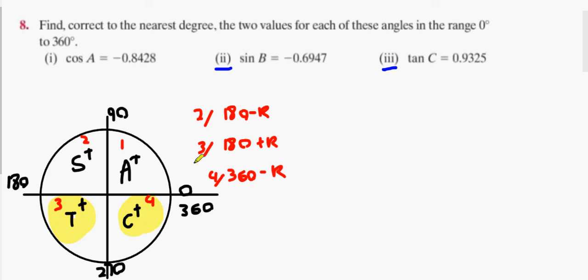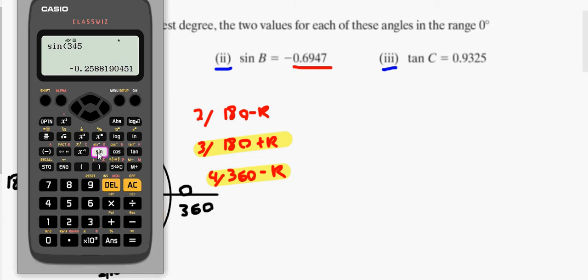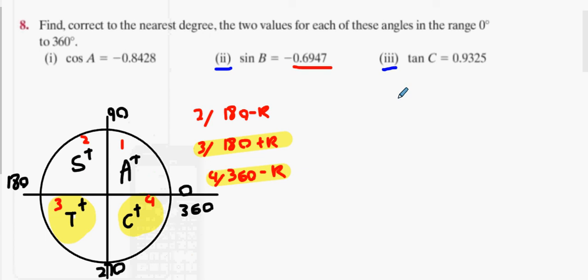Okay, so here are the rules we're using. Now, we're going to ignore the fact that it's negative, and we're just going to sine inverse it. So sine inverse 0.6947, and we get 44 degrees. So B reference angle is 44 degrees.